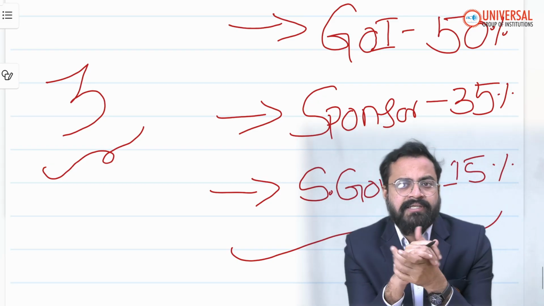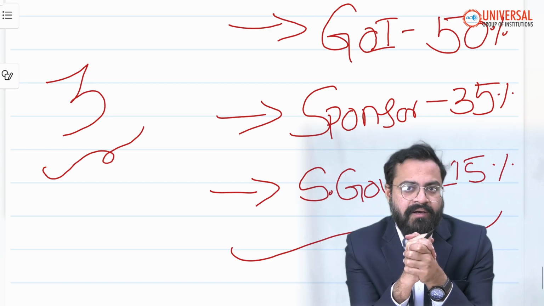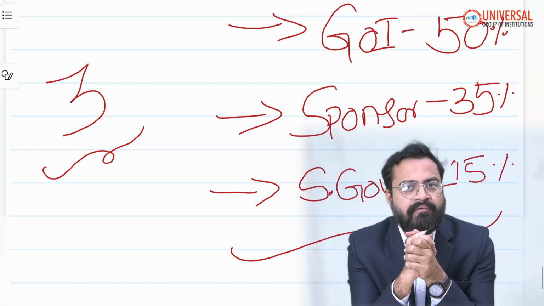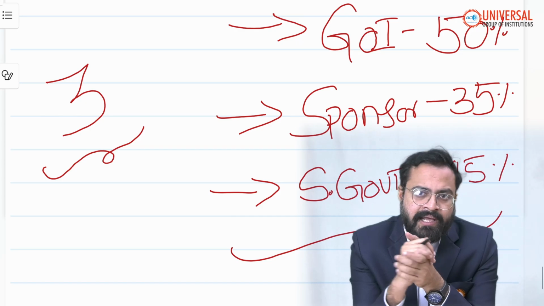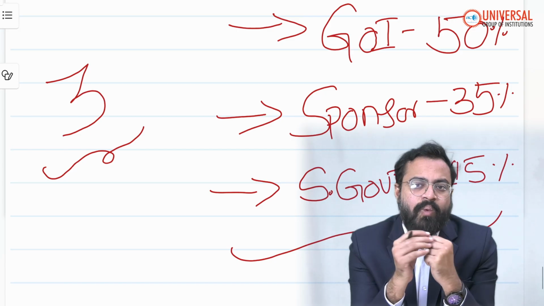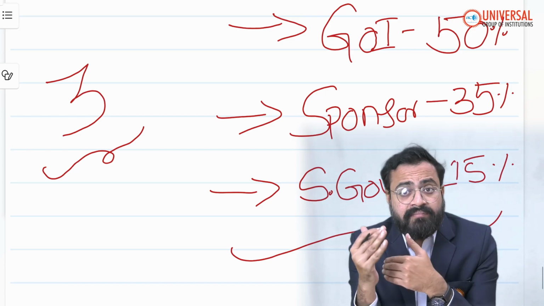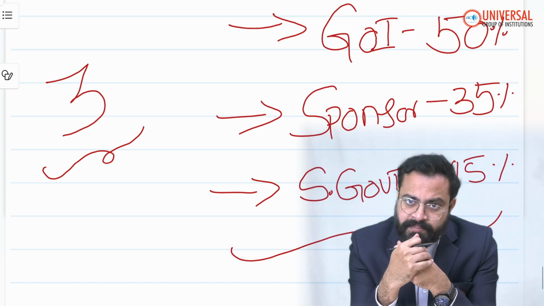Now the government has something called one state, one RRB. On that topic, I have already discussed elaborately. You just need to click on the link that you see on your screen and watch why the government has come up with this particular vision and what the importance of one state, one RRB is.